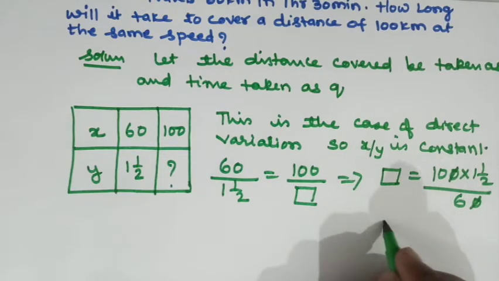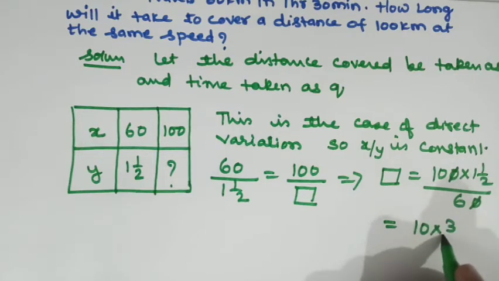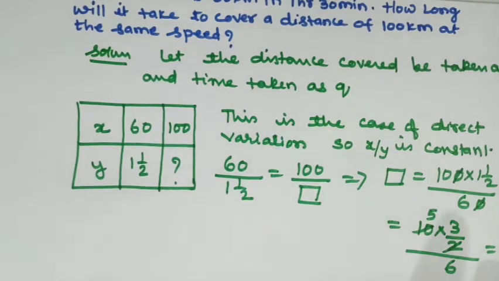Now see, this has become 10 into 1.5. 2 1s are 2 and 1 3. 3 by 2 whole by 6. You cancel 2 and 5. So you are getting 5 into 3 by 6. 3 ones are 3, 3 twos are 6. So you are getting 5 by 2.